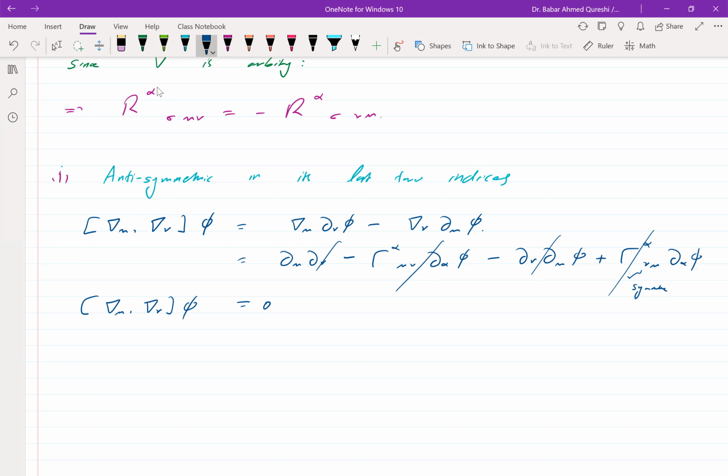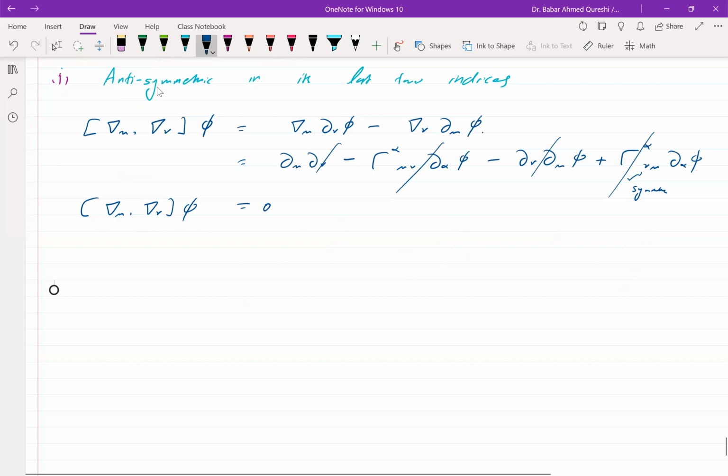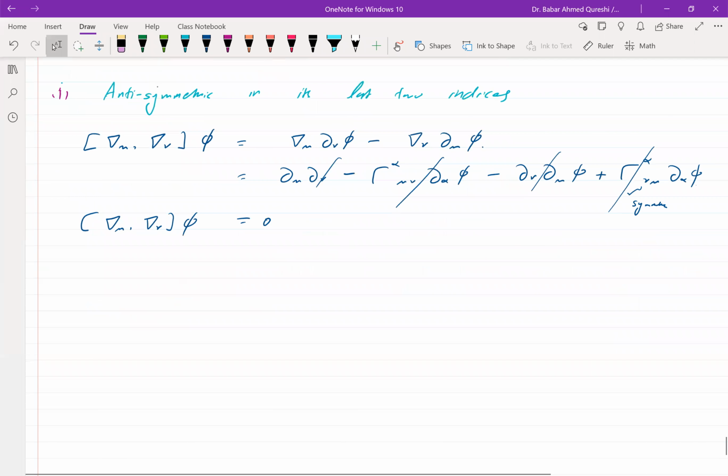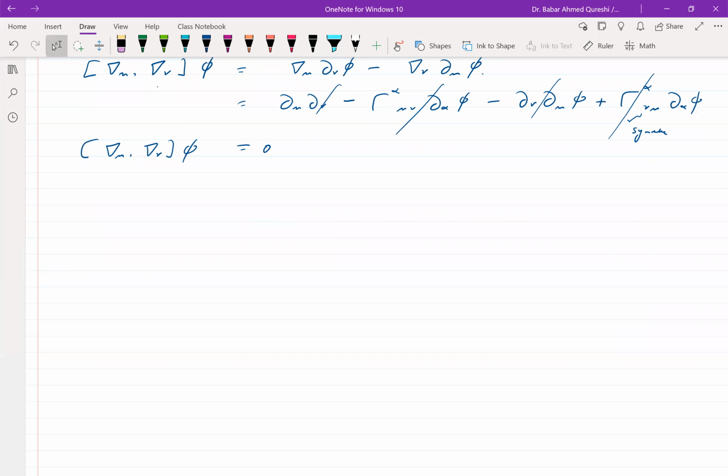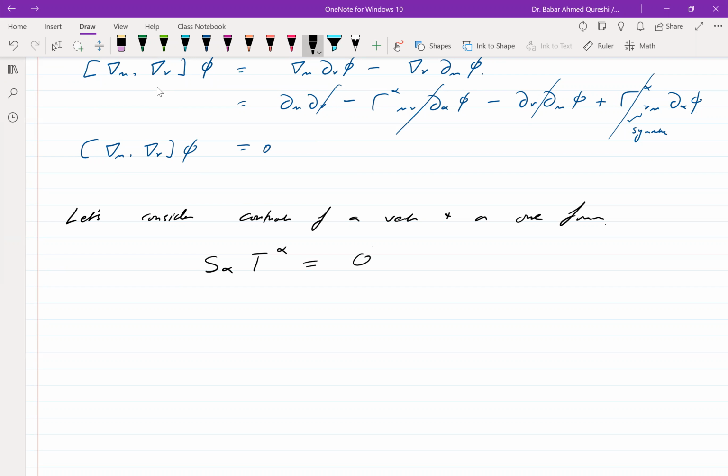We can use this to prove another symmetry property. So let's consider the contraction of a vector and a one form, something like S^α T_α.